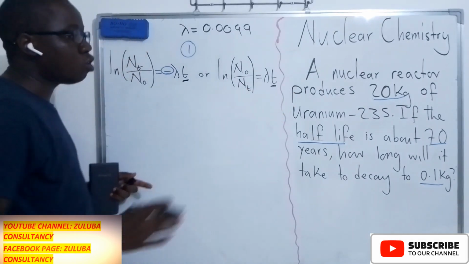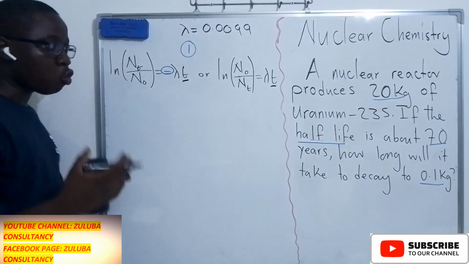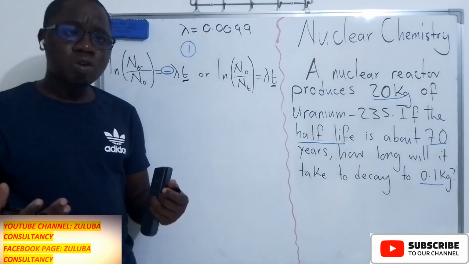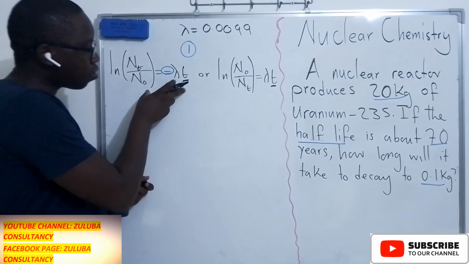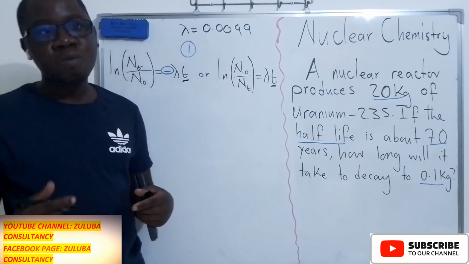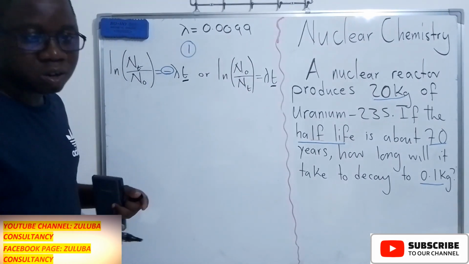For this video, I'll use the second equation to show how you can find the time t, and at your own time, try to use the first equation and put in the comment section to confirm that the first equation gives the same answer as the second equation.